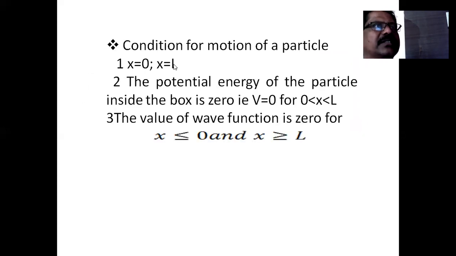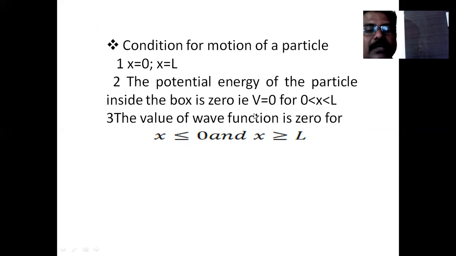Next, the value of the wave function is 0 for x less than or equal to 0 and x greater than or equal to L. It means that the value of the wave function is 0 outside the box.